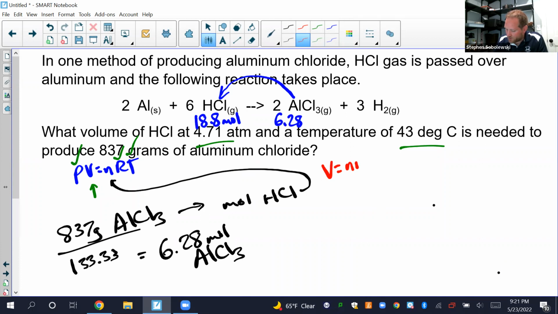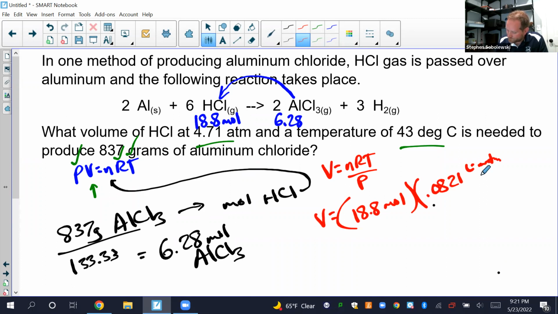So V equals nRT over P. V equals 18.8 moles times R, which is 0.0821 liters atmospheres over mole Kelvin. T is temperature, which is 43 degrees plus 273.15 gives us 316 Kelvin.